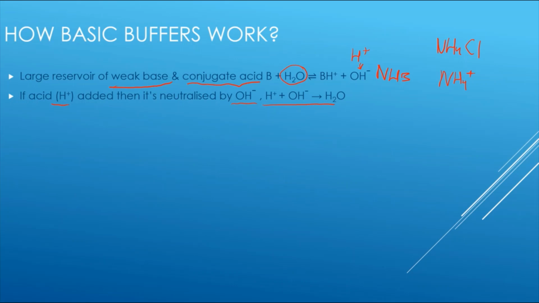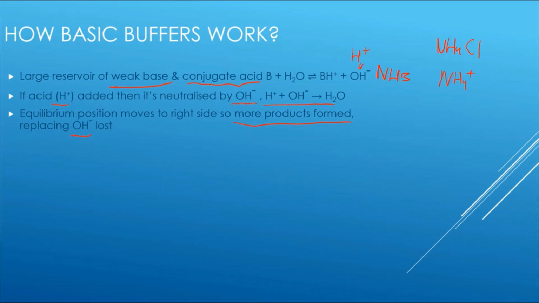So the equilibrium wants to balance things out. It would try to reduce the concentration of water by moving the equilibrium to the right hand side to oppose the change that's happened. This would mean that more products would be formed, and this would end up forming more BH plus and OH minus, and we would replace the OH minus we lost by reacting that with H plus.